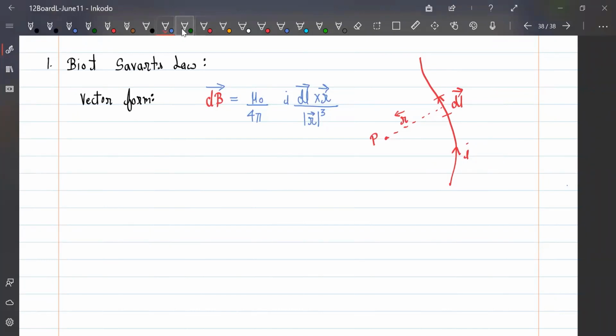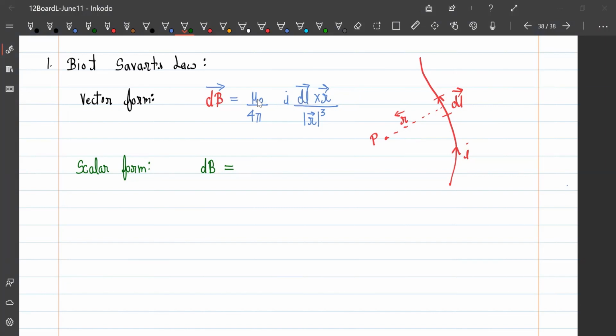And if you want to write the scalar form, Apurva क्या लिख सकते हैं यहाँ पे scalar form में? I don't know in scalar form.